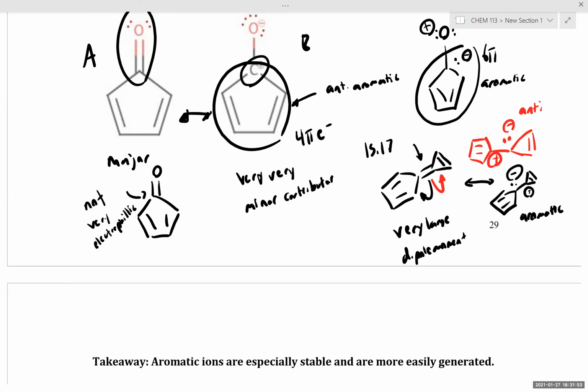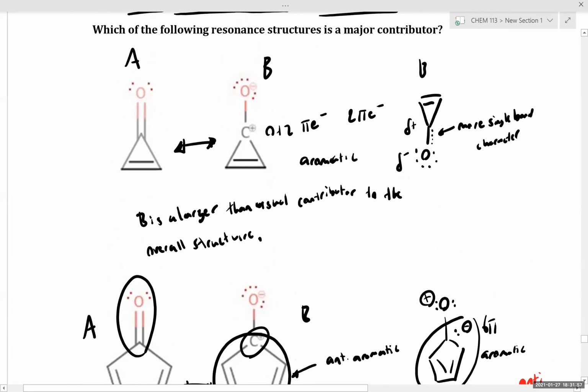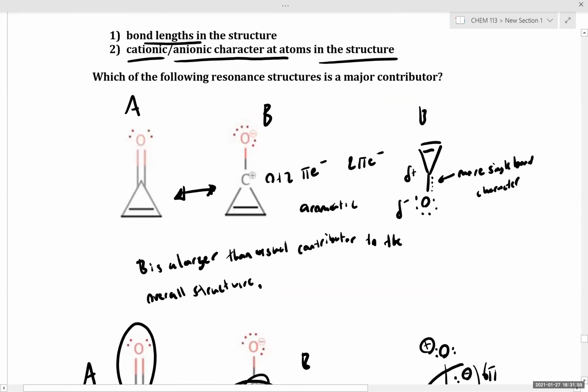So for the previous example, why isn't A considered to have 2 pi electrons? So it's because this double bond is conjugated with our ring.